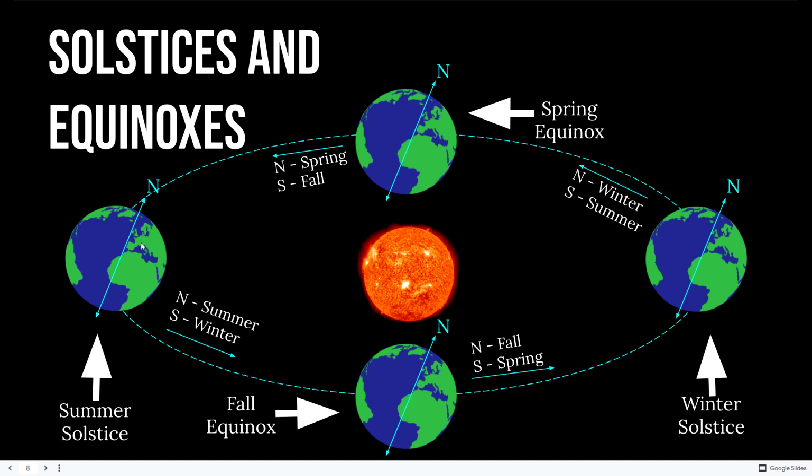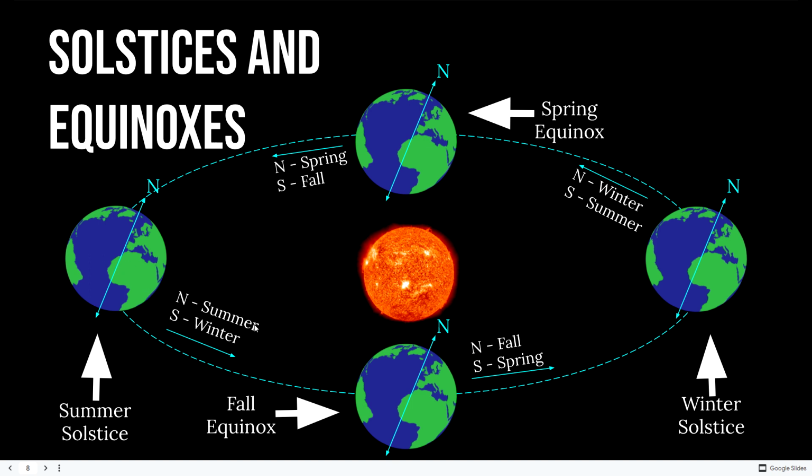So over here, the north is having summer solstice, the south is having the winter solstice, and then you have the opposite here. The equinox, you're going to have as close to even of a day and night as you can. So 12 hours of day, 12 hours of night. And those are going to be your fall and spring. And fall is also called the autumnal because it's autumn.